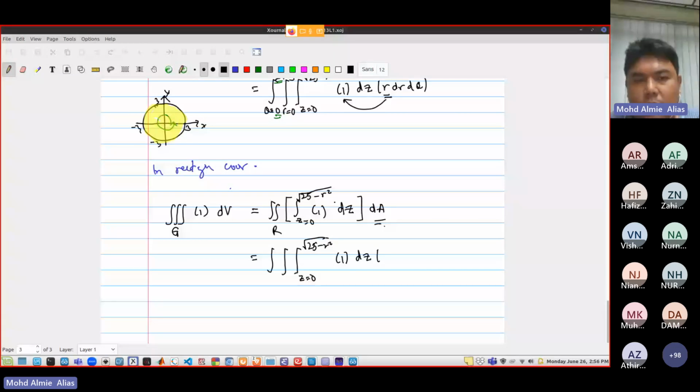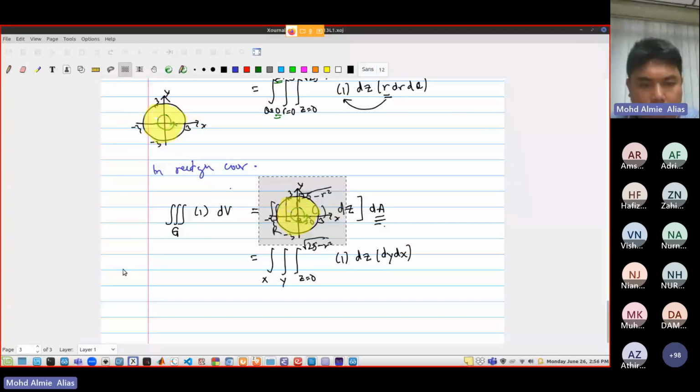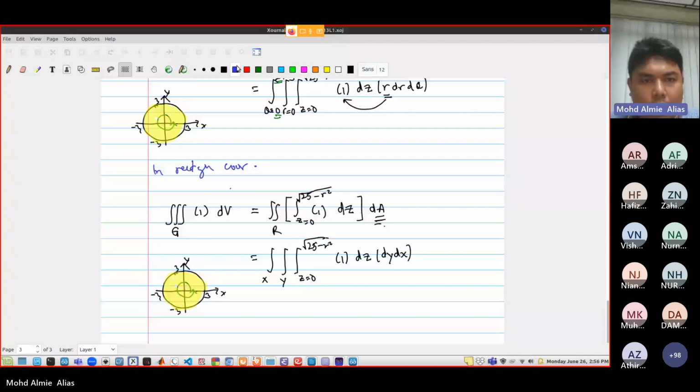But let's say you want to do dy dx. So the dA now becomes dy dx, which means that now this is supposed to be y and this is x. So we take this and just put them here. And then let's say you draw a line. Let's say this.